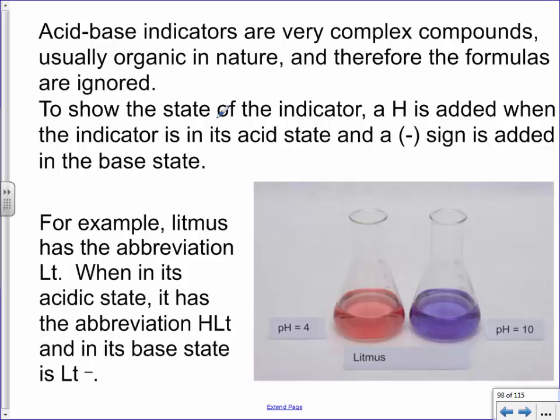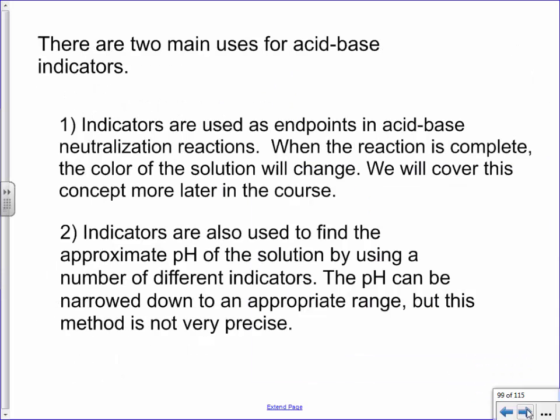The HMV is the acid version of the indicator, whereas the MV negative would be the base version, because one of them has a hydrogen and one of them doesn't. That is not something you need to worry about at all, not even in grade 12 to be honest. They have abbreviations, and typically there's an H in front of it, and then there's not an H in front, referring to the fact that half of it's acid and half of it's base. So let's hop to an example here.